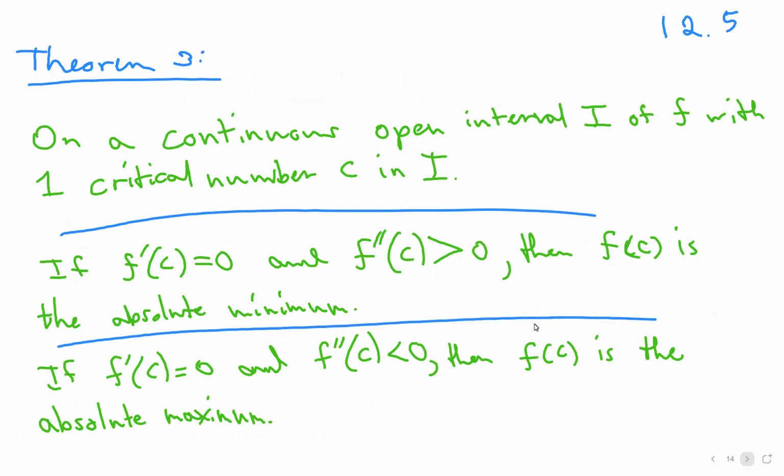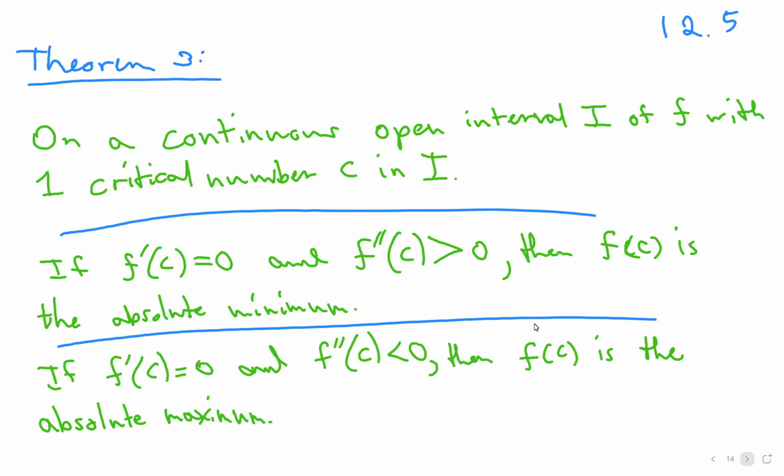All right, and then we have theorem 3, which mentions that on a continuous open interval I of f with one critical number c in I, we have two potential situations. If f prime of c is equal to 0 and f double prime of c is greater than 0, then f of c is an absolute minimum.